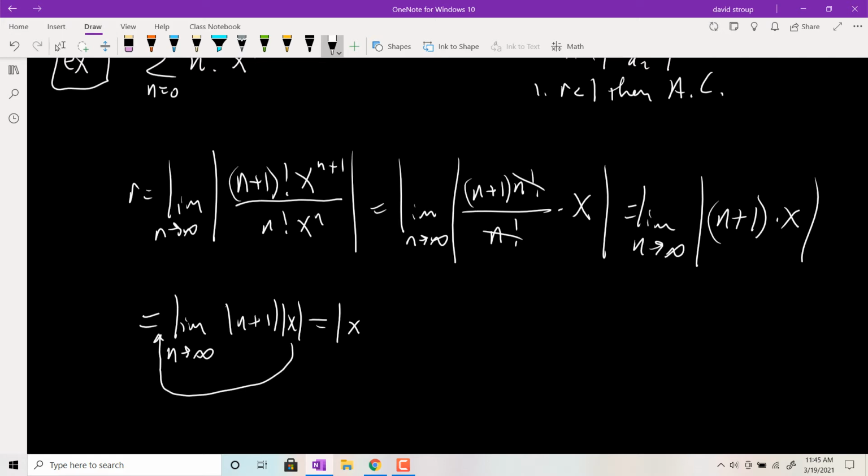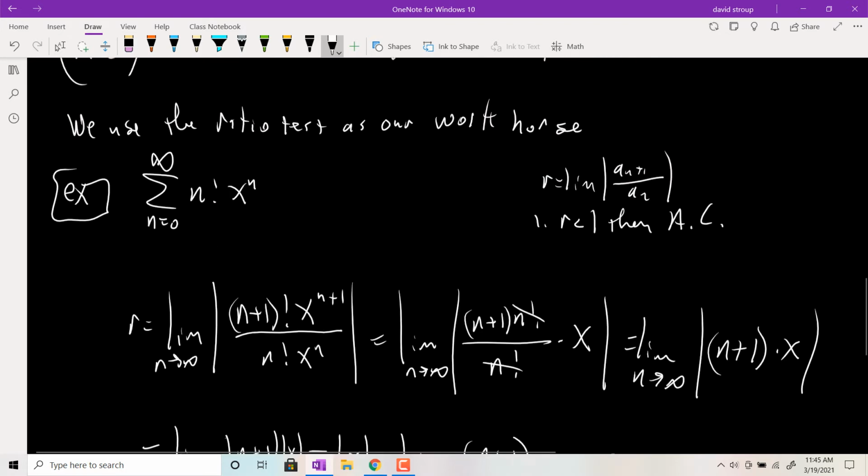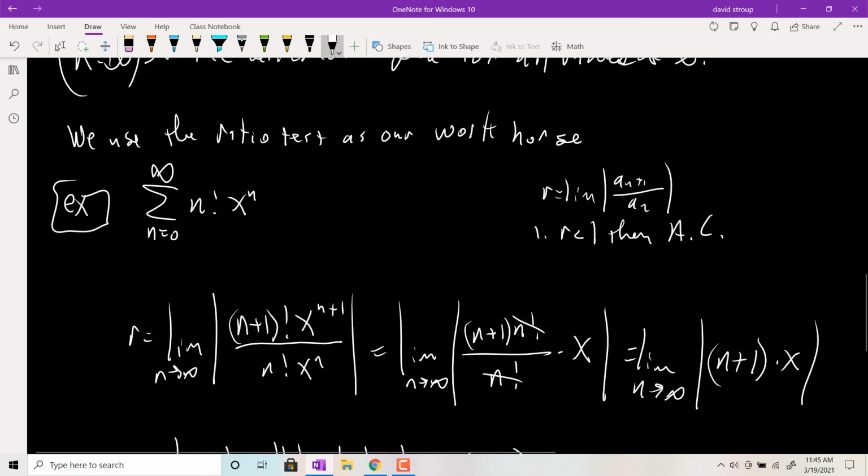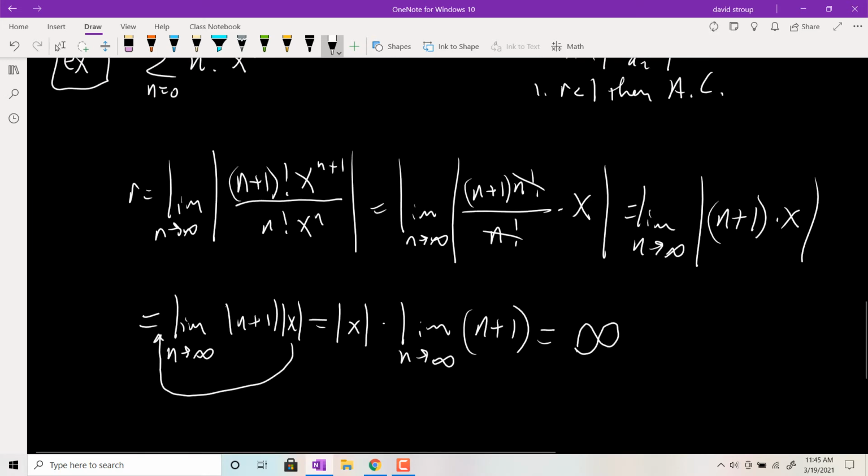So you have the absolute value of x times the limit as n goes to infinity of n plus 1, because the values of n will be positive. So for any value of x except 0, this is going to go to infinity. The only value where the r value will be less than 1 is when x is equal to 0.